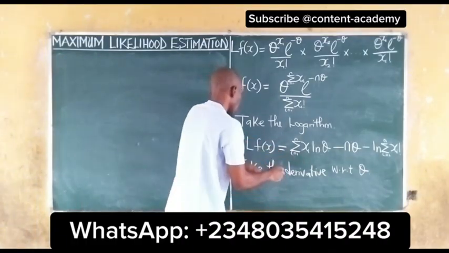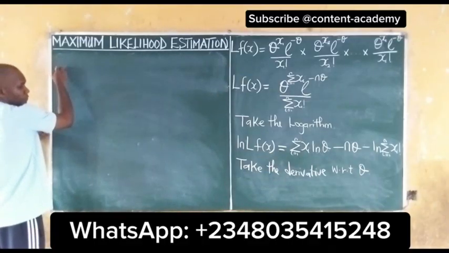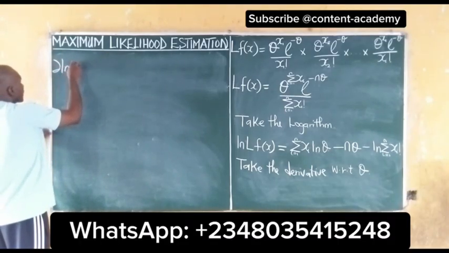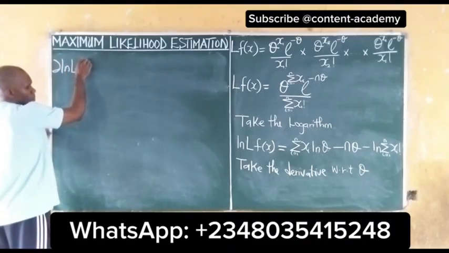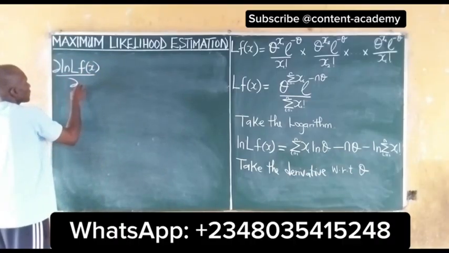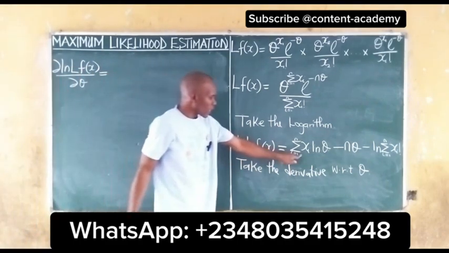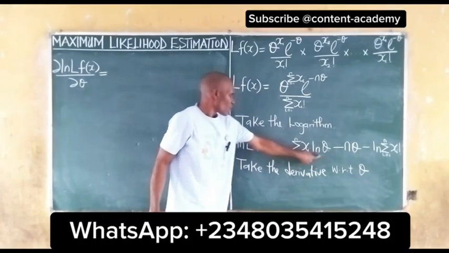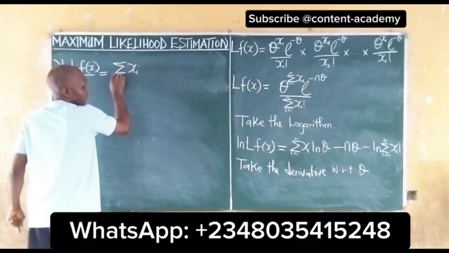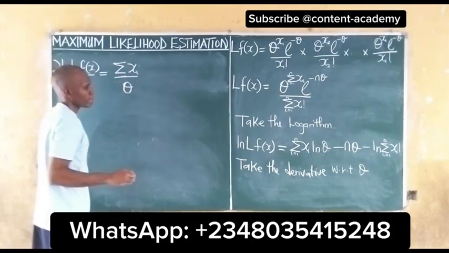So we take the derivative of this function with respect to theta. It will now give us, we can write it as d log L over d theta is equal to, now if we take the derivative of this, we will have summation of xi all over theta.